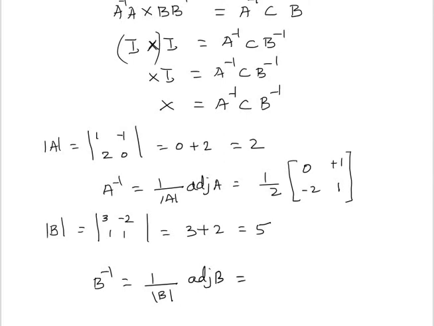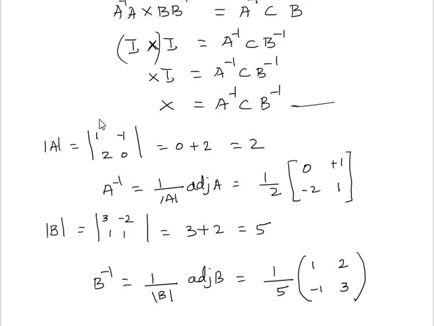That is equal to 1 by determinant of B is 5. Adjoint of B. We must interchange the main diagonal elements and change the sign. Minus 2 becomes plus 2. Plus 1 becomes minus 1. Right? Okay. Now we'll go for what? எங்க substitute பண்ணலாம் இதை? பாருங்க, இந்த equation substitute பண்ணலாம்.